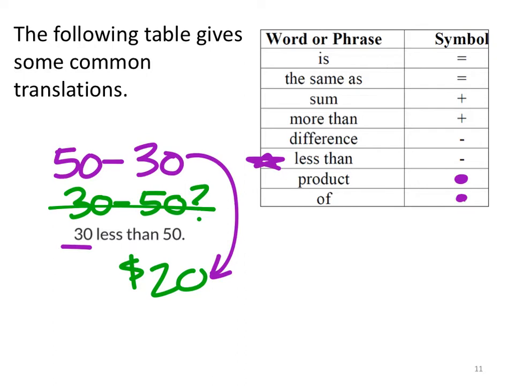Whereas if I said the difference between 30 and 50, yes, that is directly 30 minus 50. So the order is dependent upon the wording. With addition and multiplication, it doesn't matter because they're commutative. If you use the commutative property, order doesn't make a difference with those 2 specific operations.